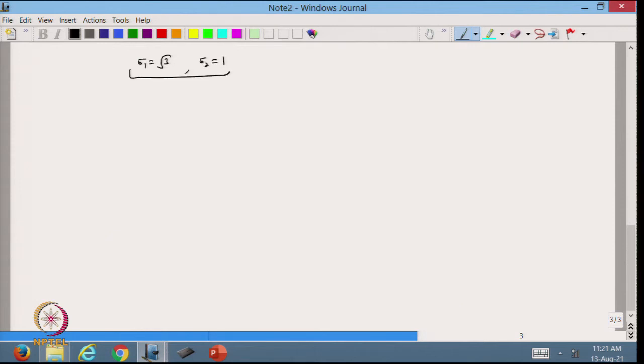So, these are the singular values of the matrix A, that is 1 1, 0 1, 1 0. We write them in order, starting with sigma 1, the biggest one, so the order is that sigma 1 is greater than or equal to sigma 2.